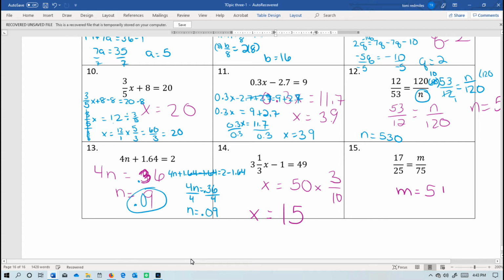Okay, so the 1 is being subtracted, so I'm going to add it to both sides. All right, so before I can do any multiplication or division, I need this as a mixed fraction.